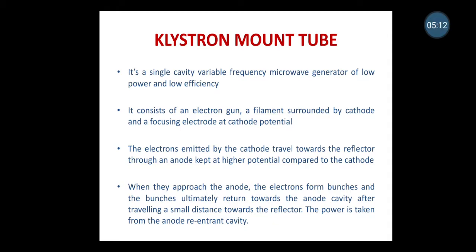This anode or reflector part is kept at a higher potential compared to that of the cathode. And these electrons, on their passage to the collector, will undergo velocity modulation and a process called bunching. And finally, the power is taken from the anode cavity.